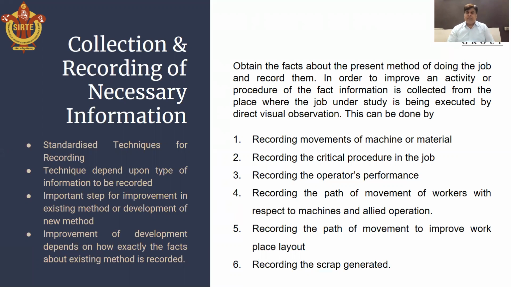These recordings can be done from the movements of machine or material, the procedure of the job, the operator's performance, the path movement of the worker with respect to his machines or allied operations, and the recording of the path to improve workplace layout.